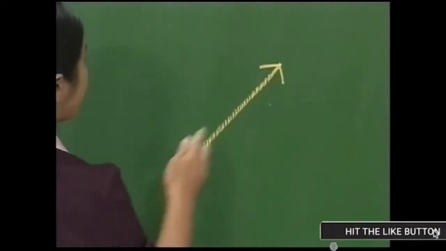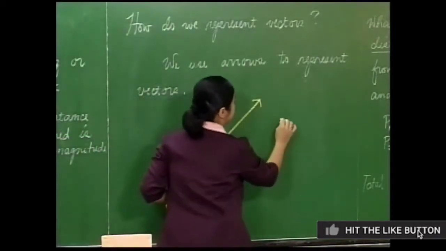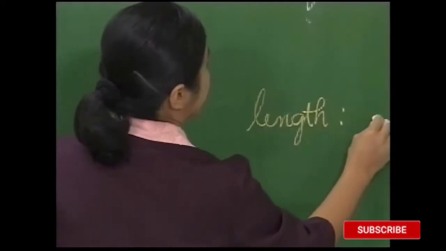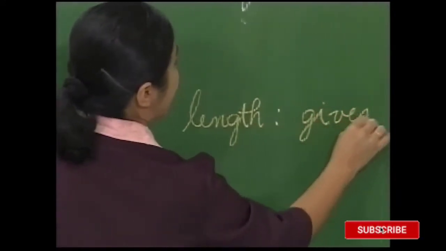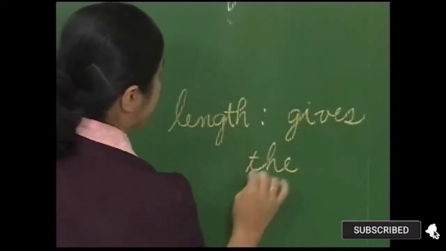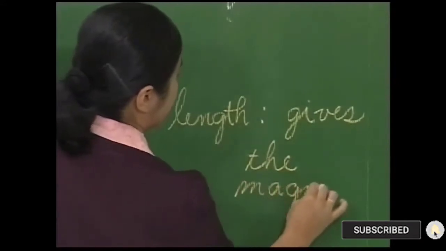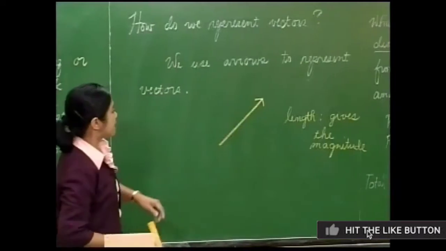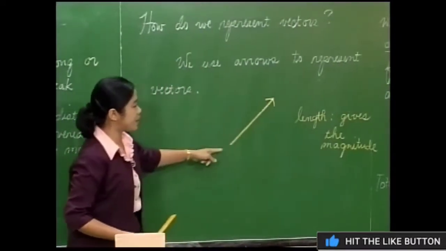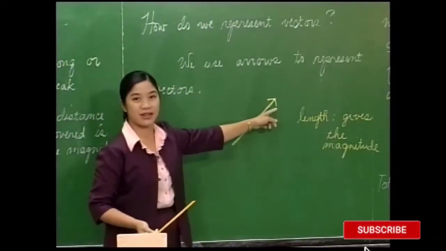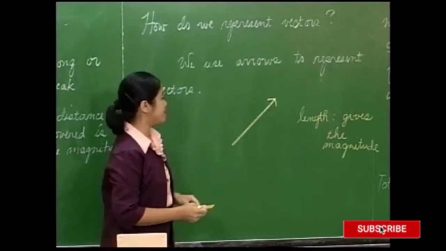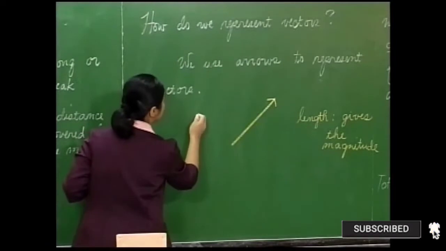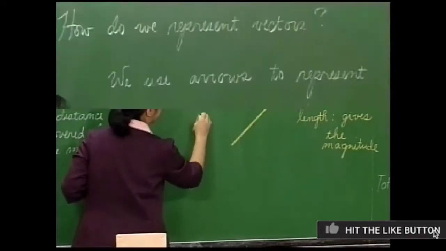The length of the arrow gives the magnitude of the vector, and the direction of the arrow will give the direction of the vector. Now, I will call this my vector A.